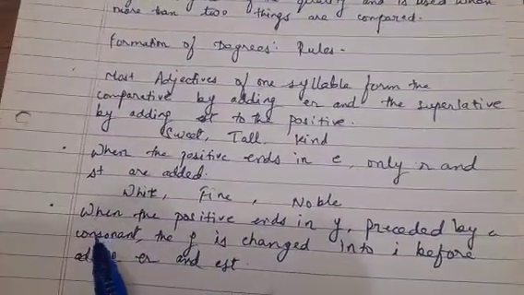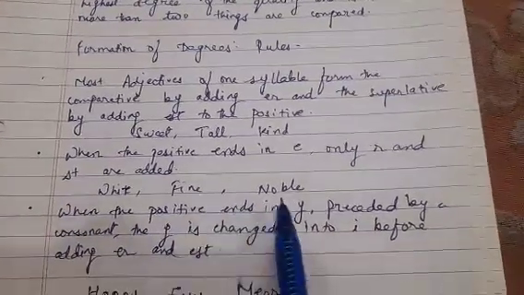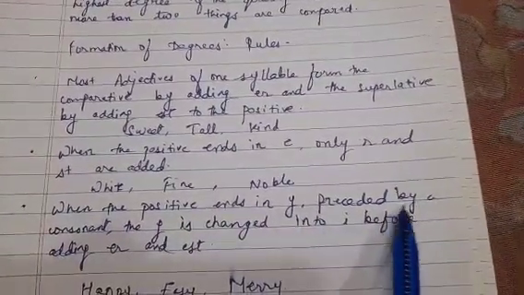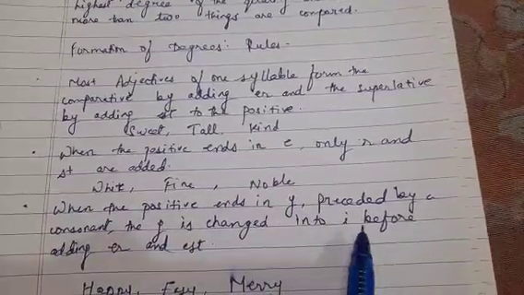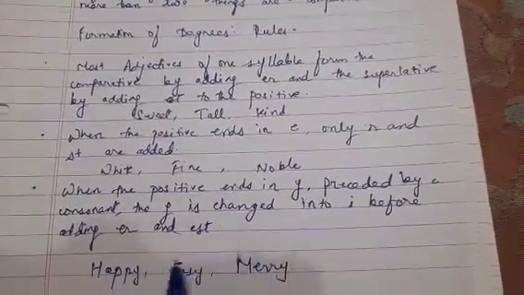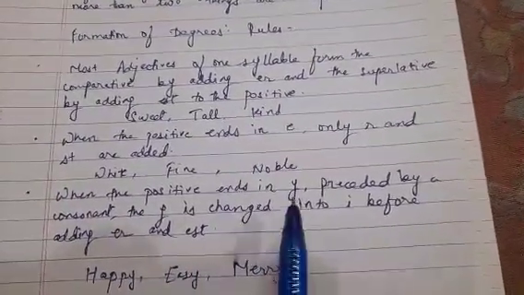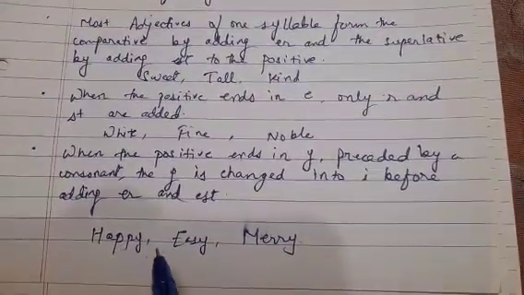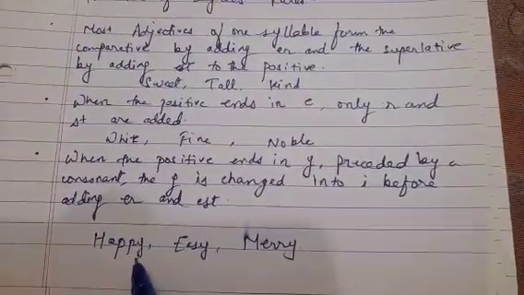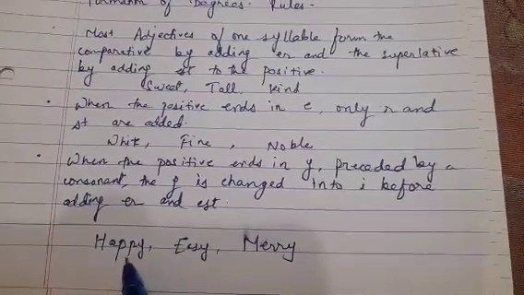And then the next rule is when the positive ends in y preceded by a consonant, the y is changed into i before adding er and est. Suppose the word is happy. Now this word ends with y and before this y is a consonant.